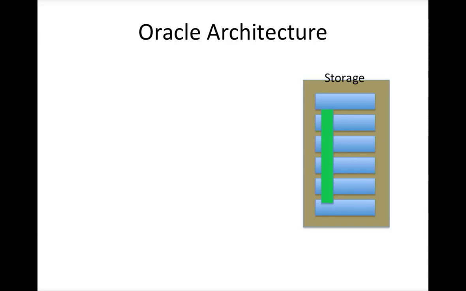So this is to visualize the storage cluster, and the bigger gray box is the storage rack itself, and the horizontal blue rectangles are to depict the hard disks. So you can have as many hard disks as possible in the rack that can fit into it, and then you can carve out the storage into multiple pools, and that pool will be mounted to the database servers over the network.